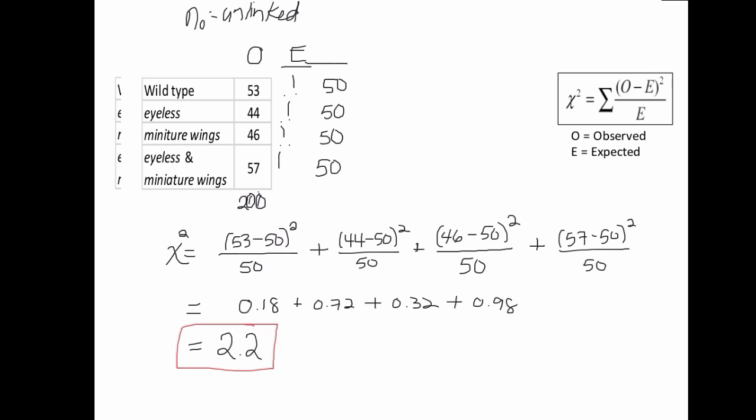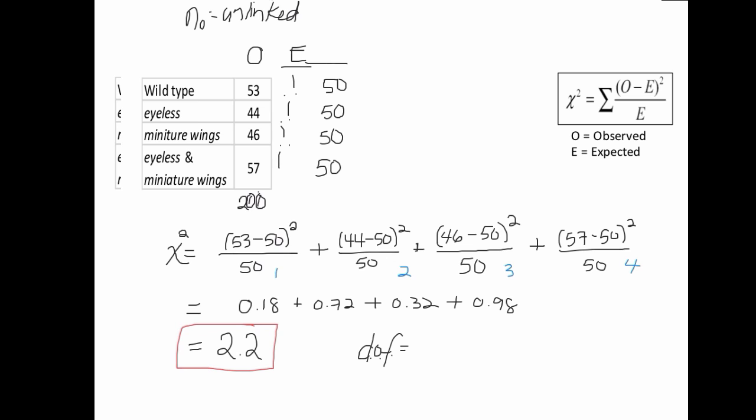Now before we go to our chi-squared table to look up that number, we need to know our degrees of freedom. In this case, we have looked at 1, 2, 3, 4 different independent events happening. So each independent event here are the 4 different progeny classes.